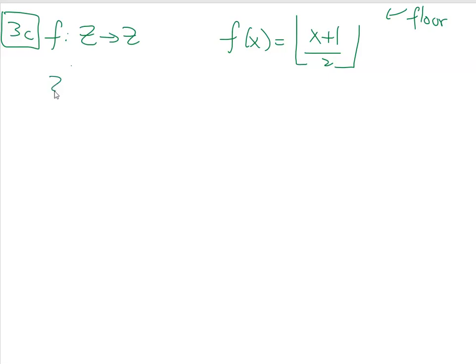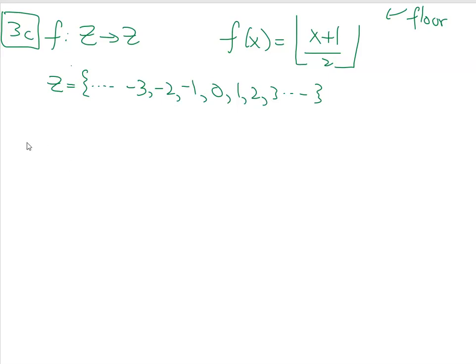So again, the set Z is the set of all integers. So it starts from, let's say, negative infinity, -3, -2, -1, 0, 1, 2, 3, and so on. Now what you can do again is draw a map. This is what we did in the previous video as well.